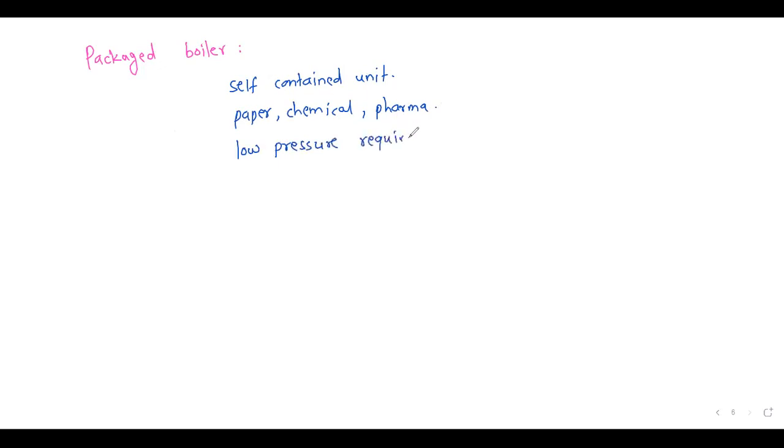So there you can have the packaged boiler. The capacity of this is around 50 tons per hour, and the pressure is up to 20 bar. So the name suggests it's a package of everything, right?